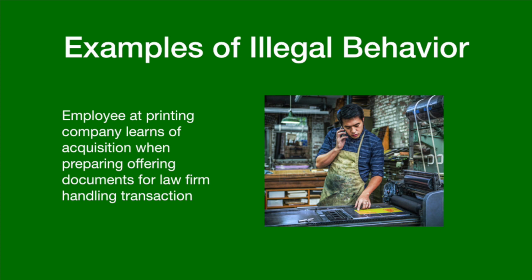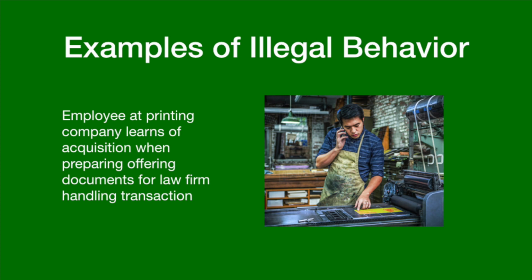In our next example, an employee at a printing company learns of an acquisition when preparing offering documents for the law firm handling the transaction. This was actually a real case, and the circumstances around it was a proofreader who worked at a printing company that printed tender offers for a law firm discovered that about acquisitions and then traded on that information.